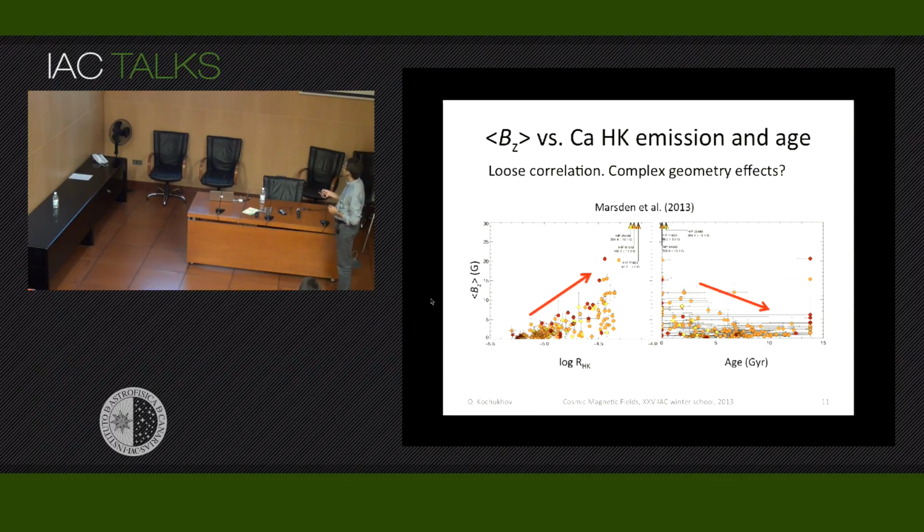The larger the emission, the likelier it is to find a very strong field, but still, sometimes stars with very large emission give you not very large BZ. There is also some loose correlation of BZ with age, so it's more probable to find a strong line of sight field in younger stars.